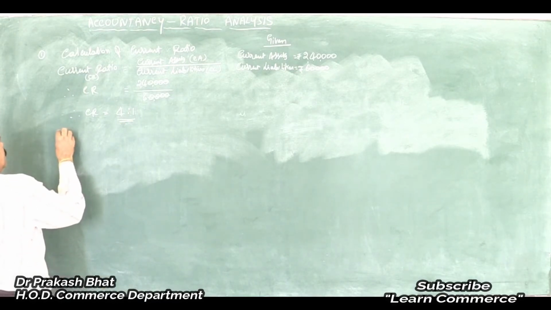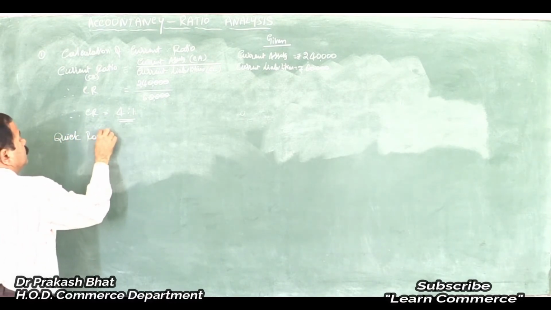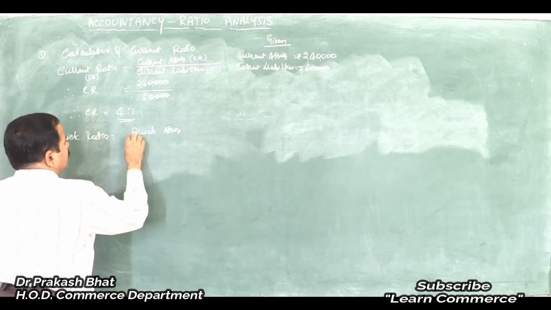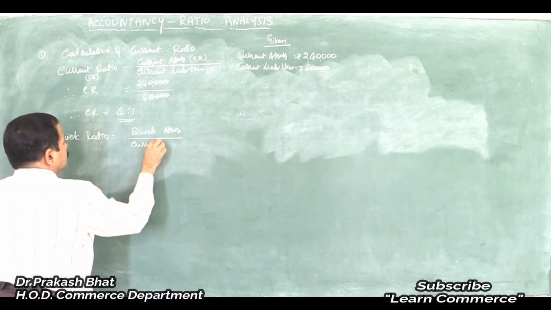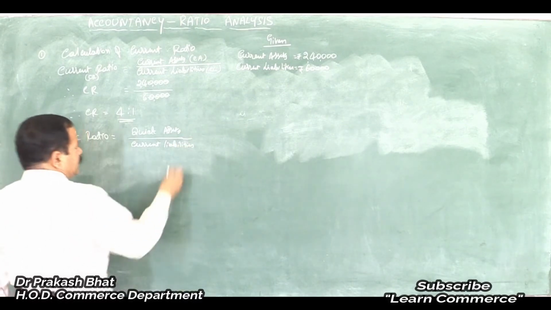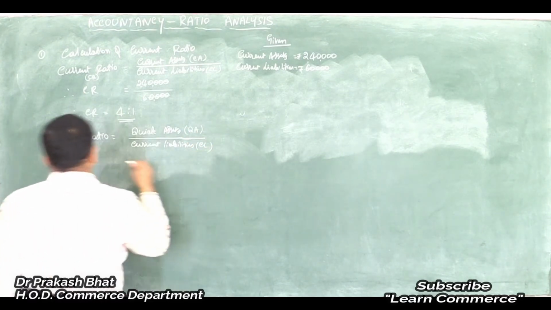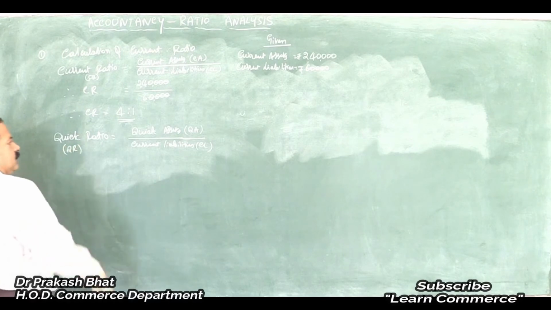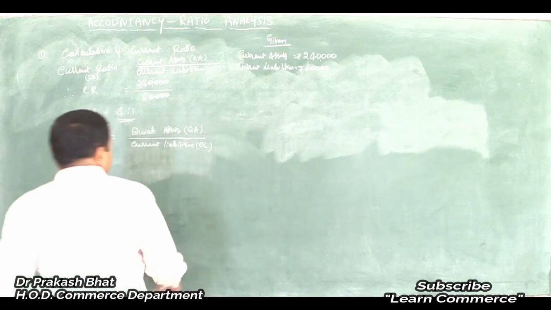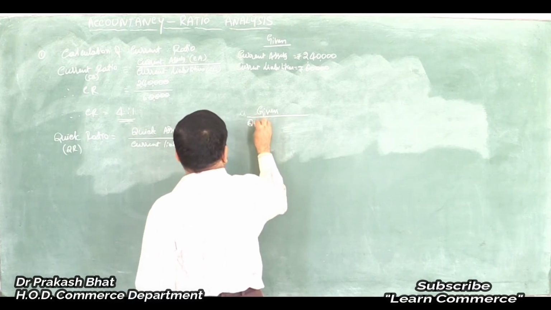Then, quick ratio is equal to quick assets divided by current liabilities. Right here, quick assets QA and CL, here QR, within brackets. Now, given right here, that is quick assets, right?